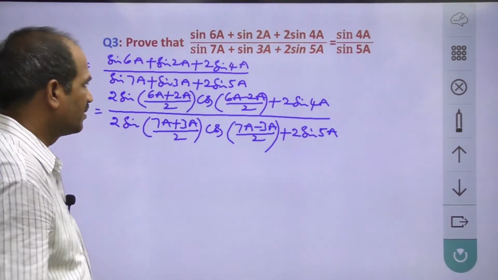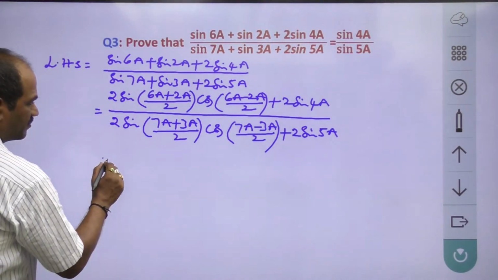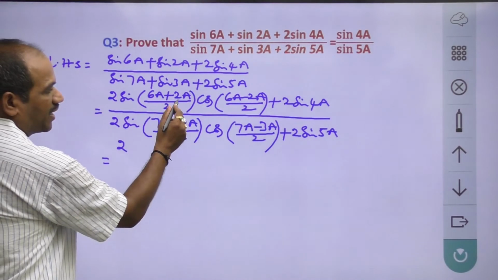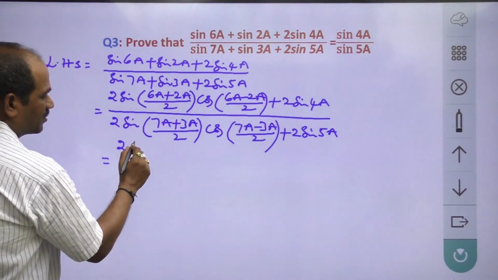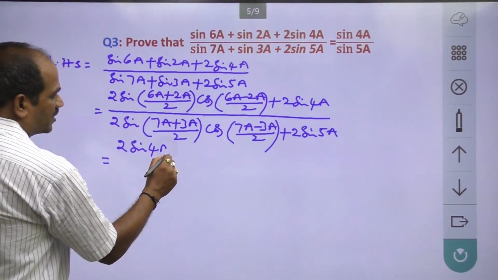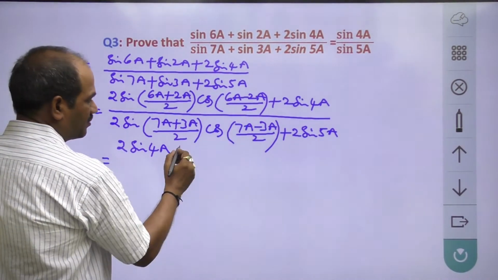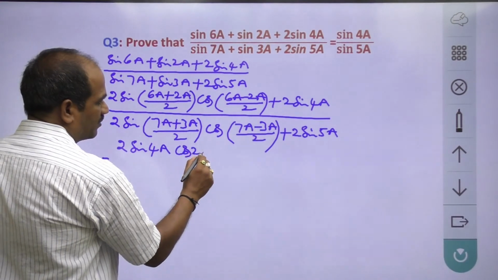Next step, so that is 2 into (6a plus 2a), 8a by 2, which is 4a, so that is sine of 4a. Next, (6a minus 2a), 4a by 2, the 2 gets cancelled, cos of 2a.